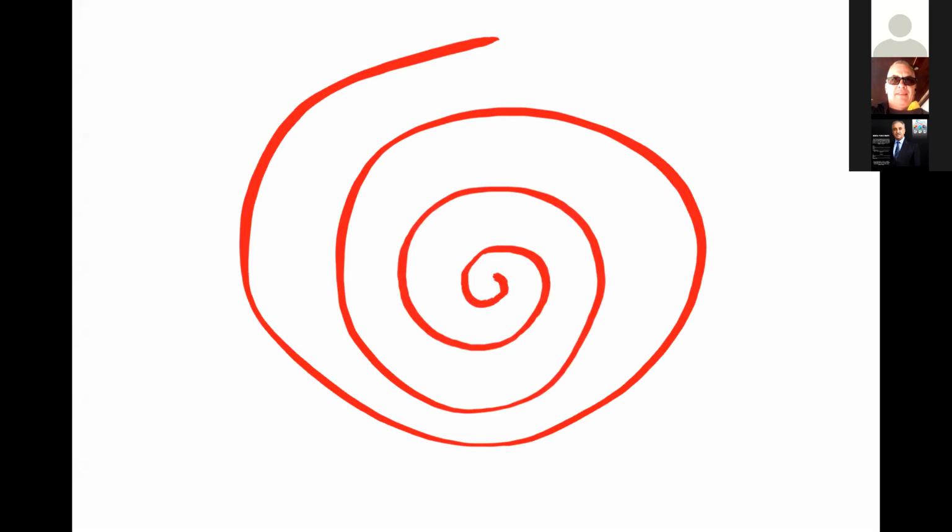This is the representation of what we call both gravitational and magnetical. It means it gives and takes.